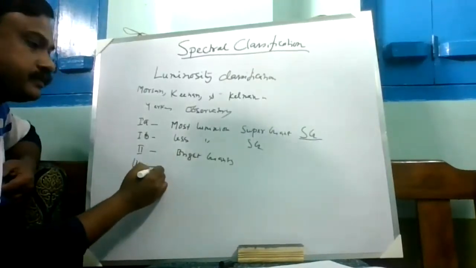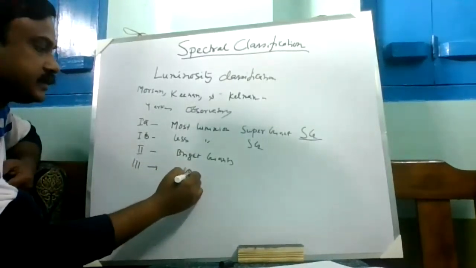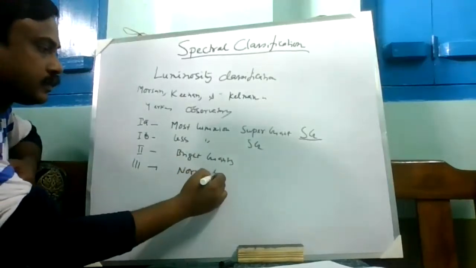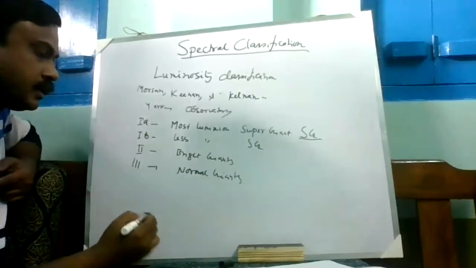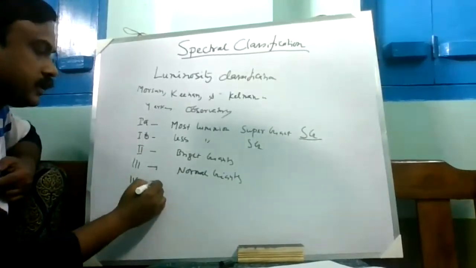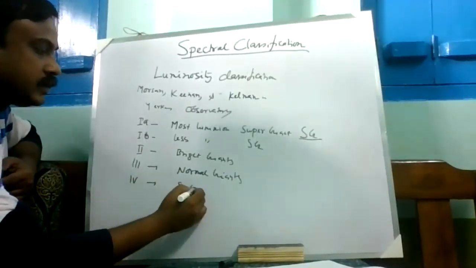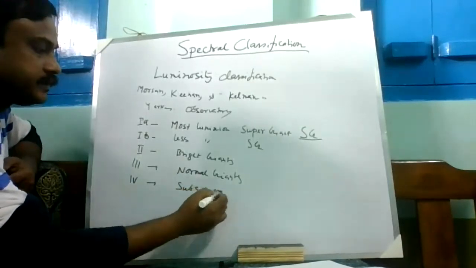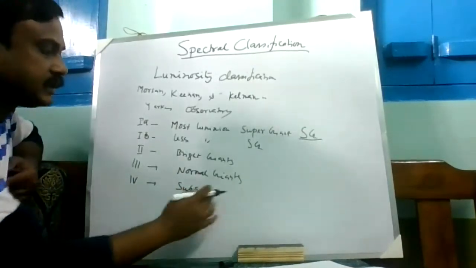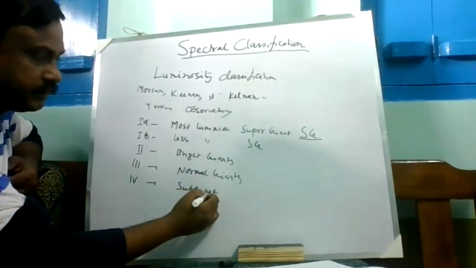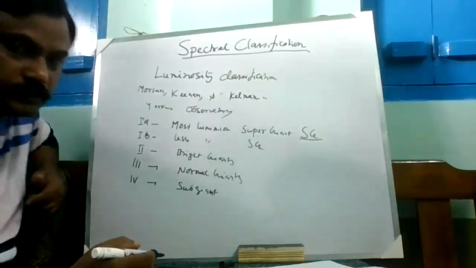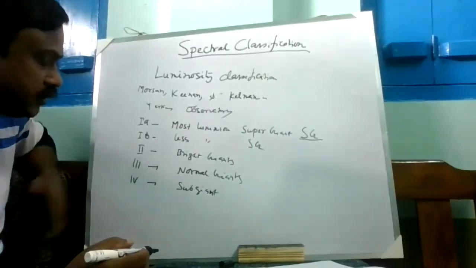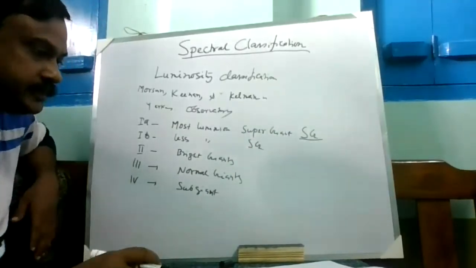Three, normal giants, like Betelgeuse. Four, subgiants. Subgiants are stars between main sequence stars and red giant stars.